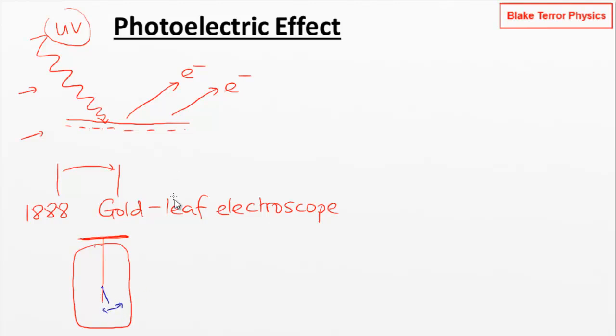So it's like a thin bit of gold foil which can just move away from the zinc spike or back towards the zinc spike. And the thing that's causing this gold leaf to move is the charge on the system.